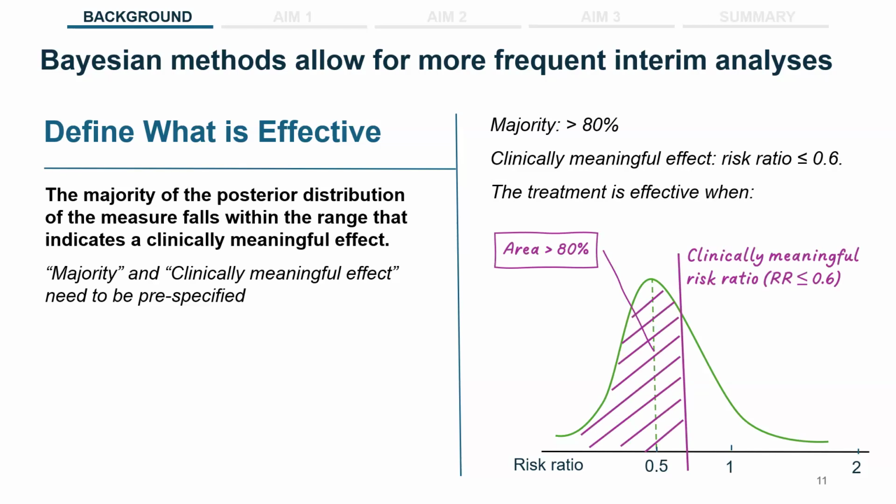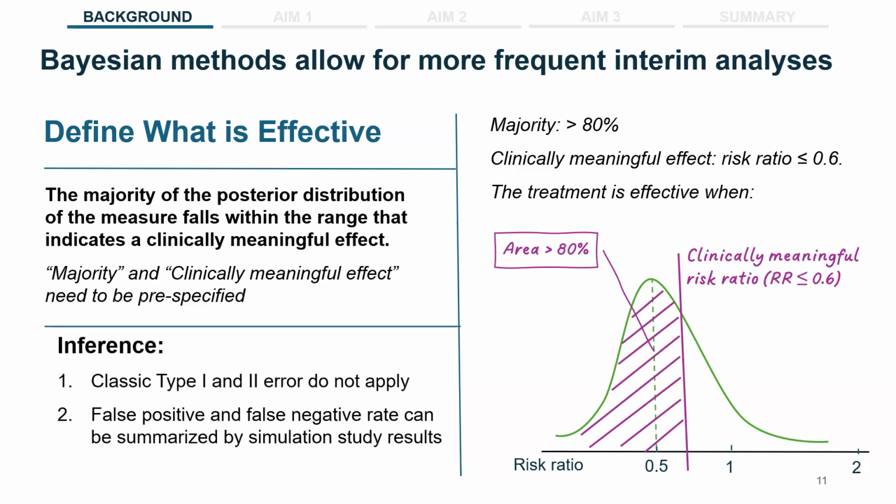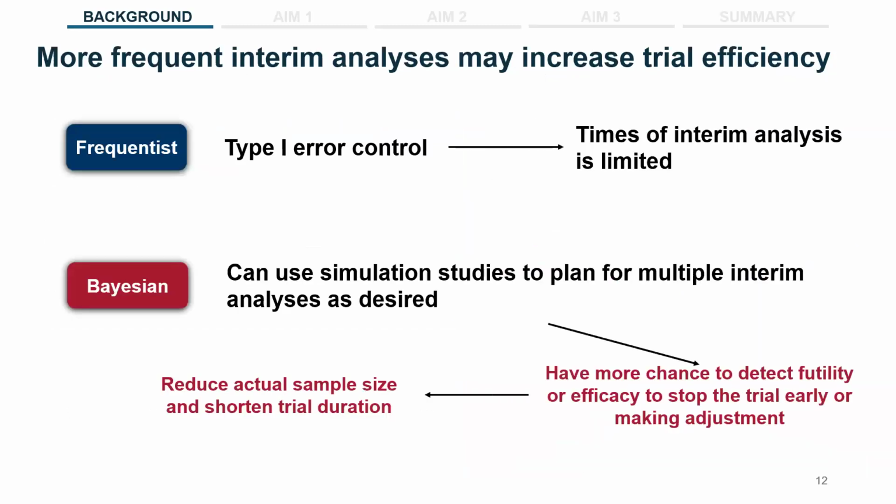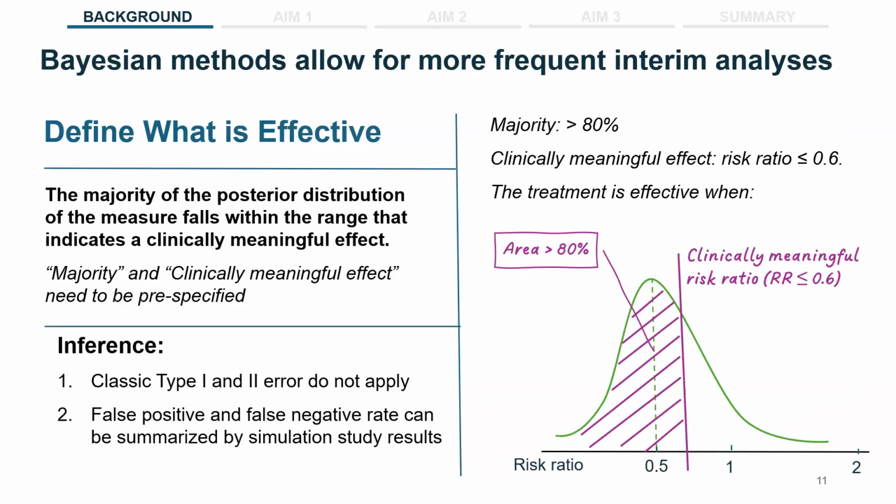And under this paradigm, the classic type 1 and type 2 error concepts do not apply, and the false positive and false negative rates are usually summarized by simulation study results.